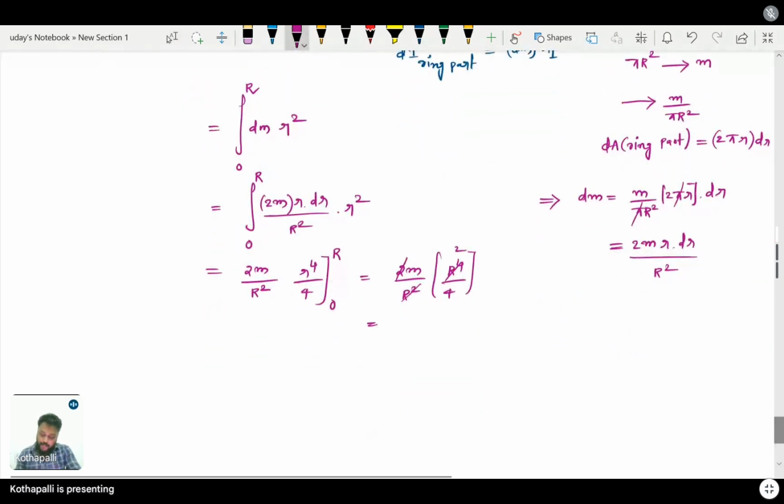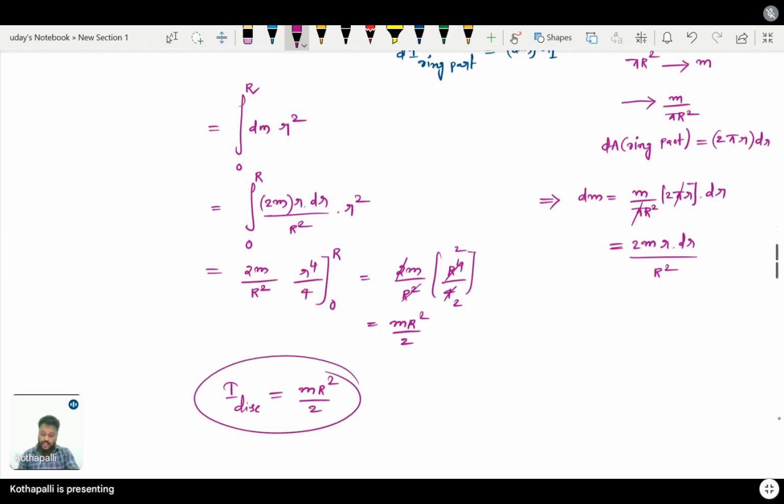Then what is left? M capital R square by 2, which means the moment of inertia of a disk about its own axis is MR square by 2, in SI system kg meter square.